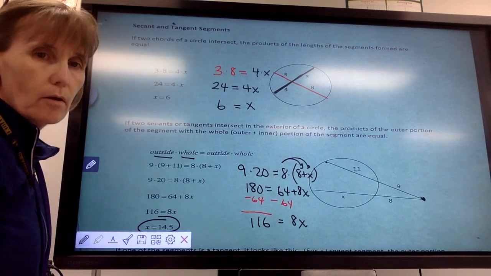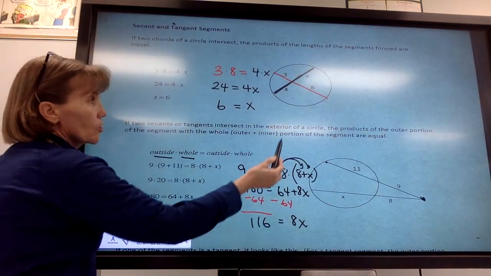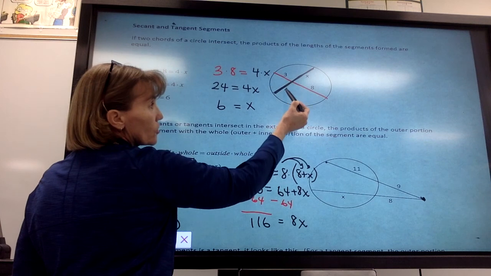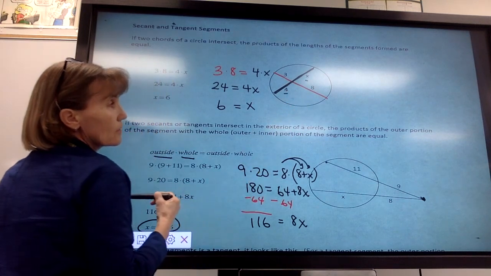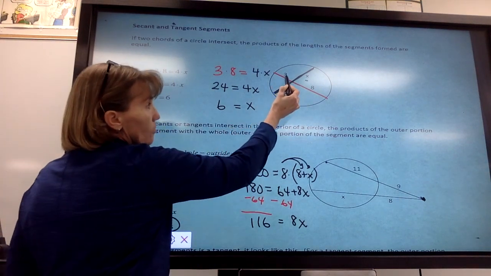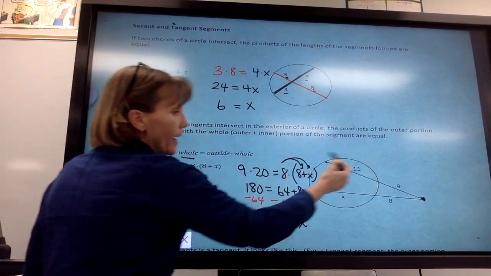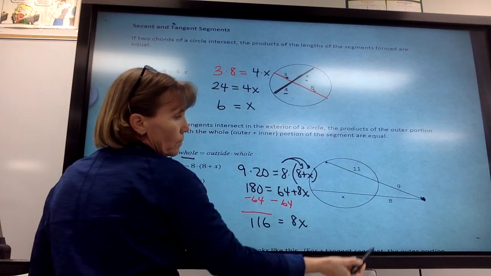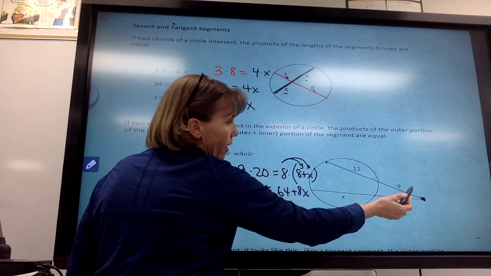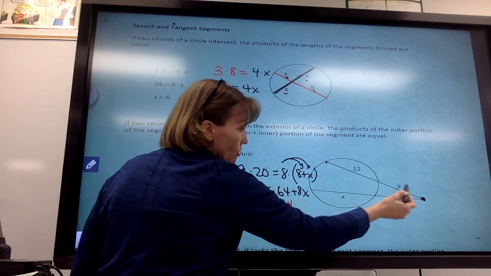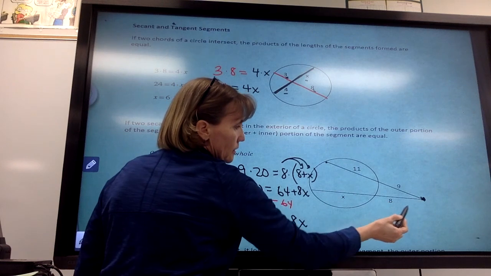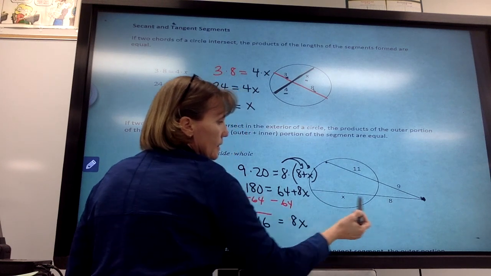So when the intersection point is inside the circle, we're just taking the product of the two pieces. 4 times x is going to be equal to 8 times 3. That's when it's inside. When it's outside the circle like this, it's the product of the outside portion times the total is equal to the outside portion times the total.